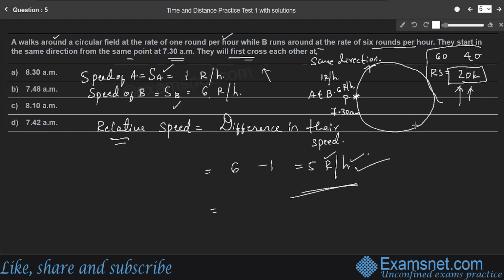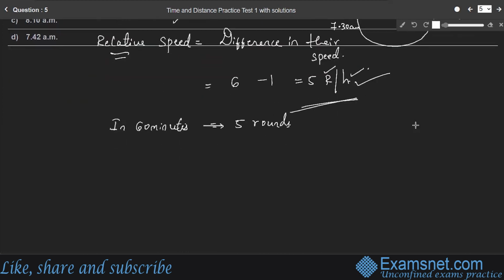That means in 60 minutes, two bodies can make 5 rounds. Therefore, for one round, how many minutes do they take?